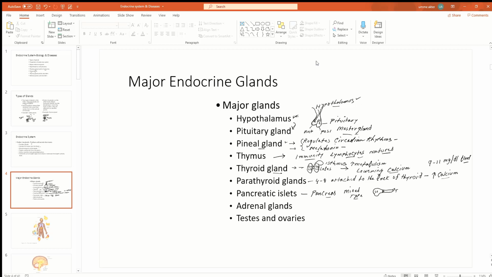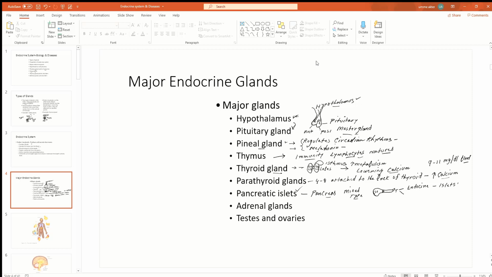However, this pancreas has two parts, as I mentioned. The endocrine part is called pancreatic islets or islets of Langerhans. So endocrine part is the pancreatic islets. Here you see pancreatic islets.